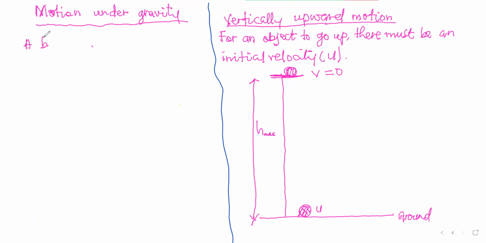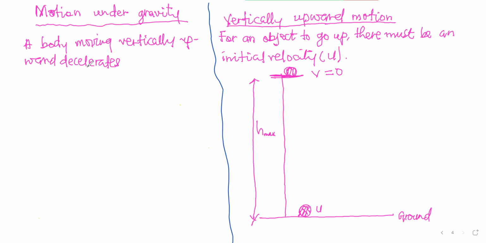A body moving vertically upwards decelerates. And this deceleration is due to what?